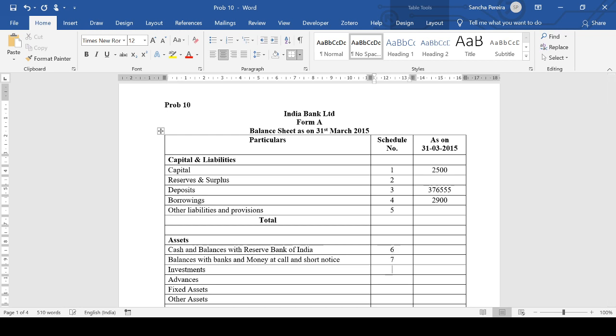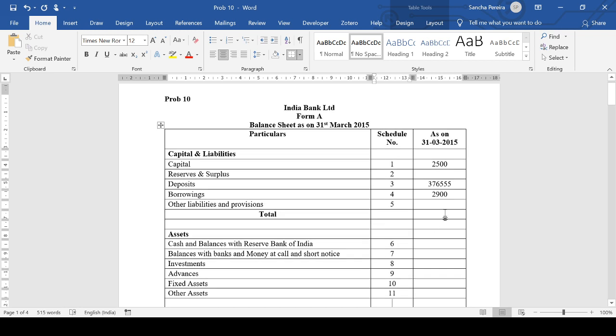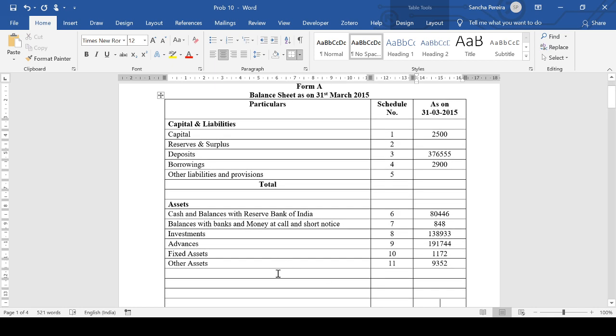This is 6, 7, 8, 9, 10, 11. 6 is, the amount is 8446. Then we have 848, 138, 933, 191, 744, 1172 and 9352. We don't total it yet because we don't know the total of the other part.